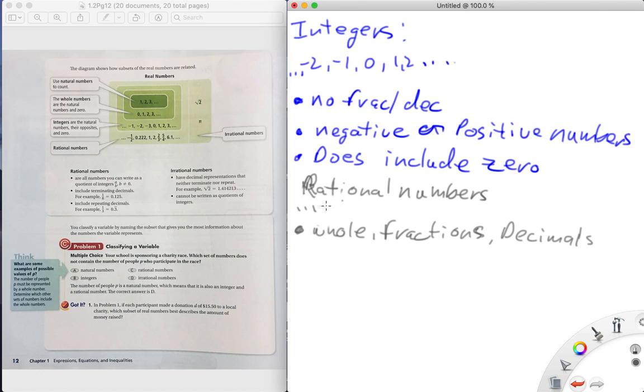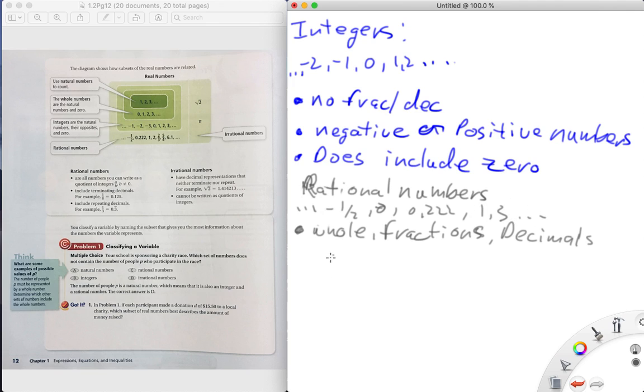So dot, dot, dot, -1/2, negative, let's say 0, 0.22213, dot, dot, dot.